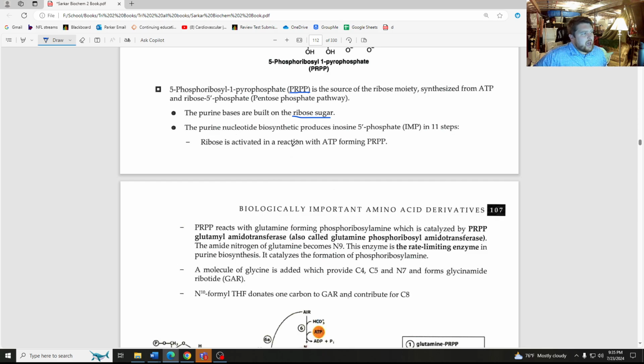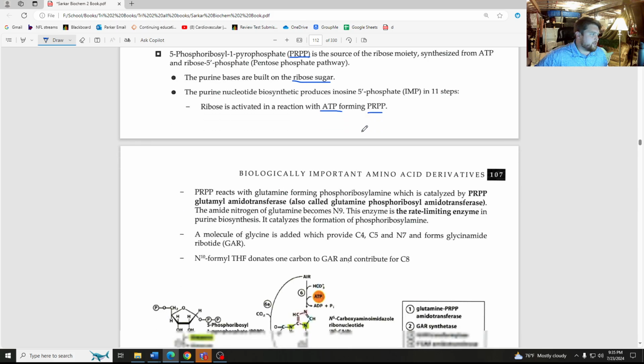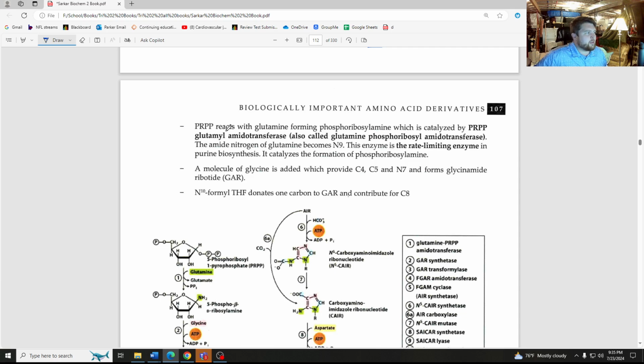So the ribose is activated in a reaction with ATP, forming the PRPP. PRPP then reacts with glutamine, which forms phosphoribosylamine, catalyzed by an enzyme called PRPP glutamyl aminotransferase, also called glutamine phosphoribosyl aminotransferase.